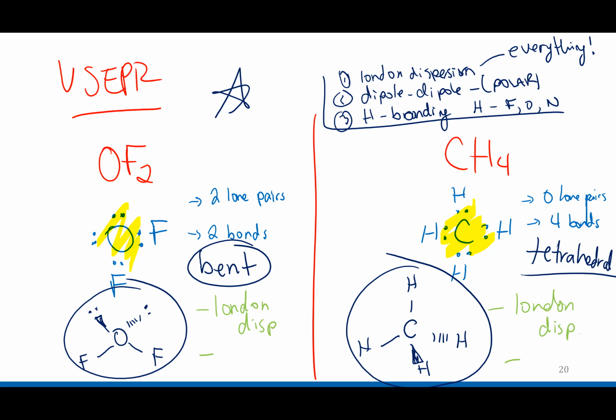The other way you know if something is polar, and this is the big one, is if there are lone pairs on your central atom. If you look at OF2 here on the left, this is polar. I know it's polar because it has 2 lone pairs on the central atom. Any central atom that has lone pairs is polar.